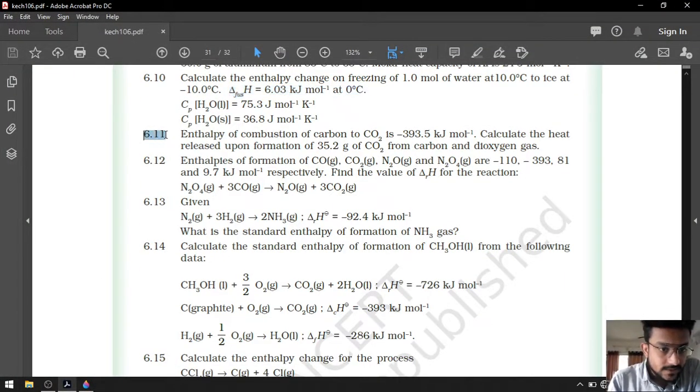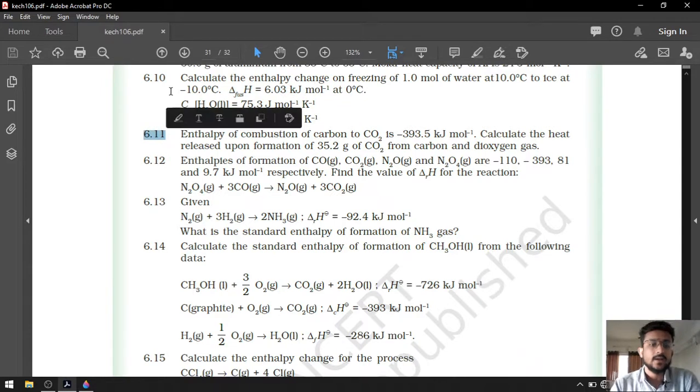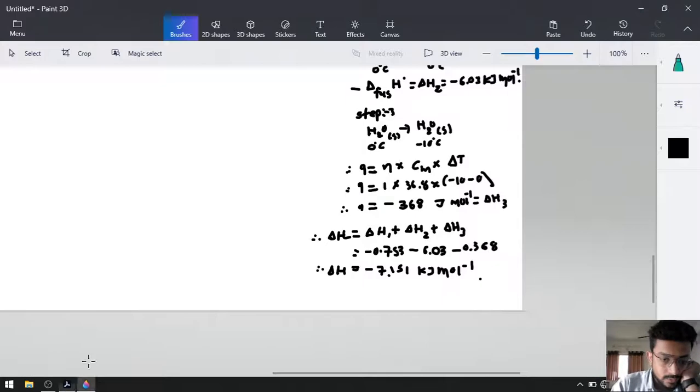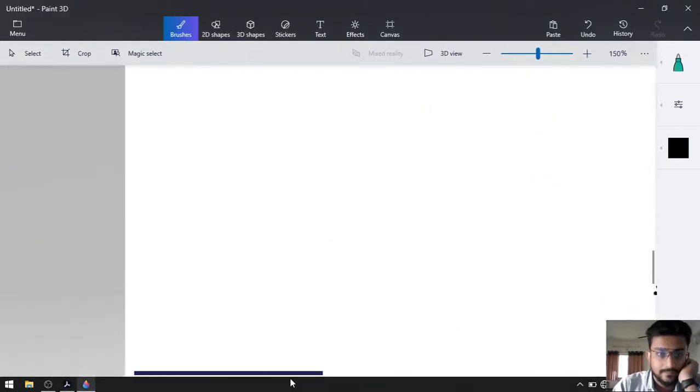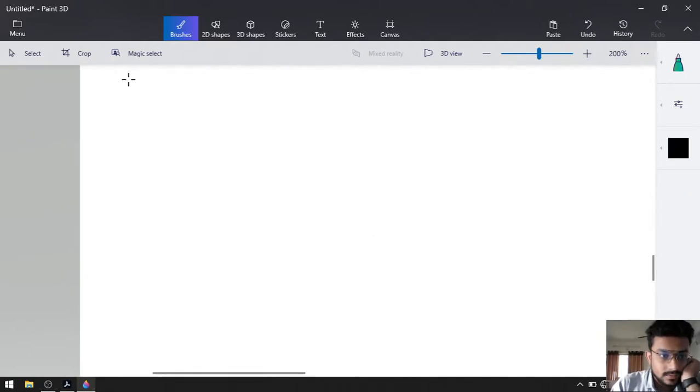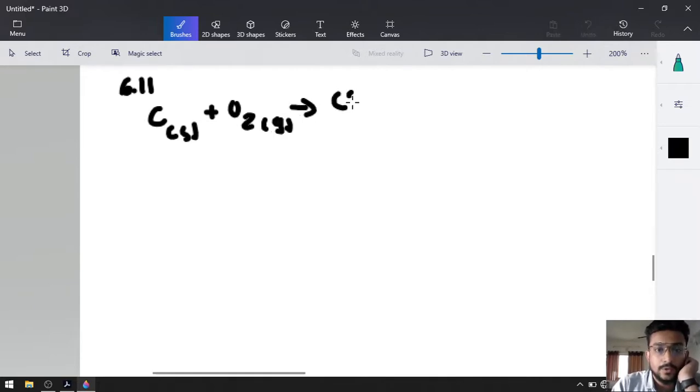After that, 6.11, enthalpy of combustion of carbon to CO2. Okay, the enthalpy of combustion of carbon has been given. Carbon solid graphite plus O2 gas is converted into CO2.